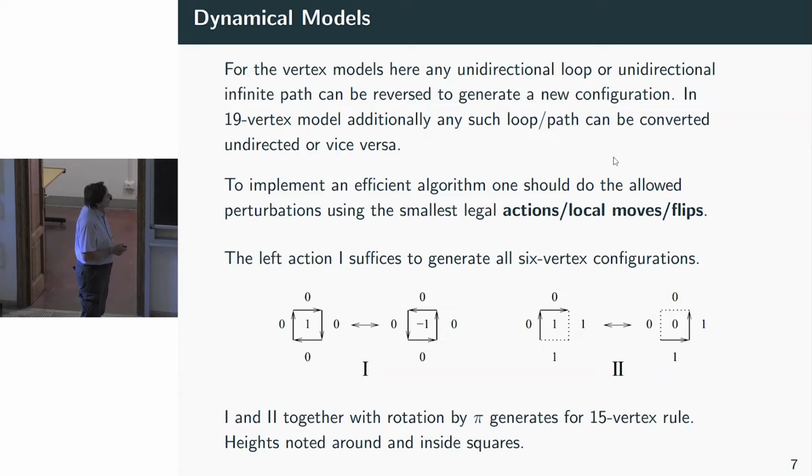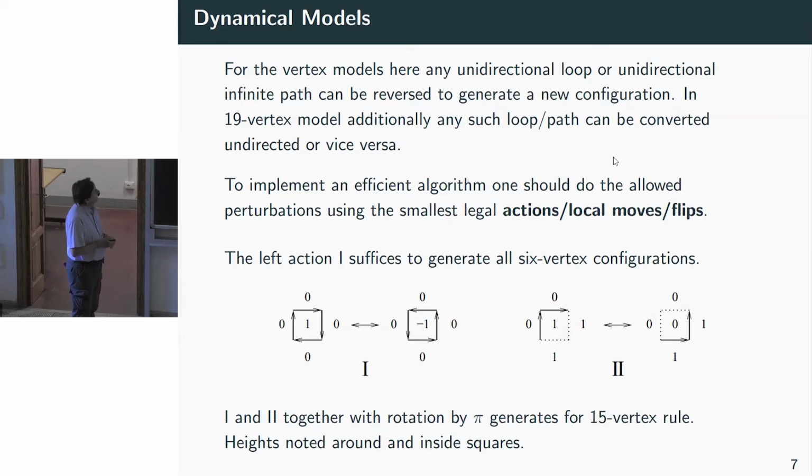This is the action that you need to add there, together with the same thing rotated by 180 degrees. These two actions together generate all the configurations. You're given one configuration from that model, either 6 or 15, and with these actions you can generate all of the others.